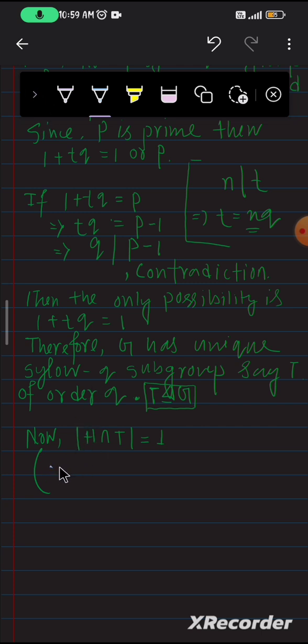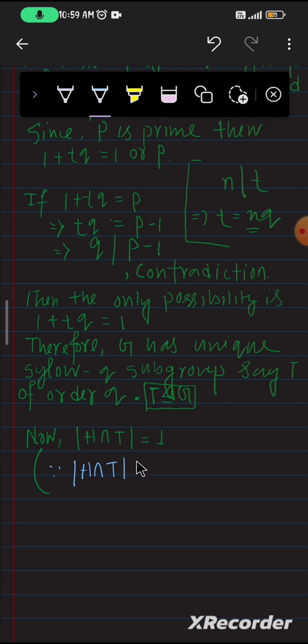Why? Since H intersection T is a subgroup of H, and also H intersection T is a subgroup of T. This is a well known result.